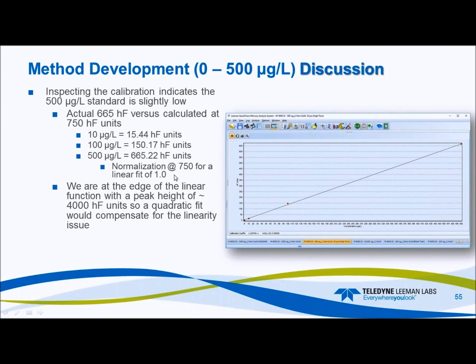So that's one of the drawbacks of getting into that nonlinear range. If I wanted to correct for that, I could do a quadratic fit, which would help compensate. But again, even running linear up to 500 ppb with this system, 3 nines is more than acceptable for the system.